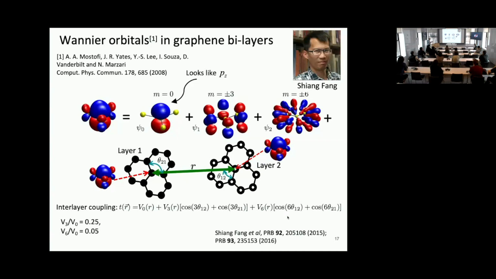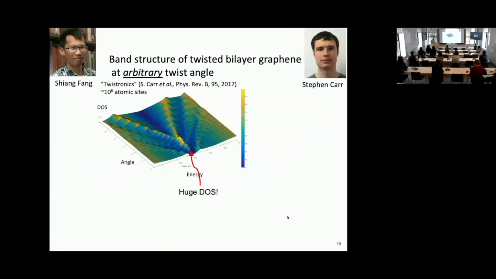These are important and useful in reproducing the exact same results as the extended states. So you attach these more complicated orbitals to each site, then you figure out the interaction between them from ab initio calculations, and then you have a very accurate description in terms of interlayer coupling of these localized orbitals, and you can do quite realistic calculations.